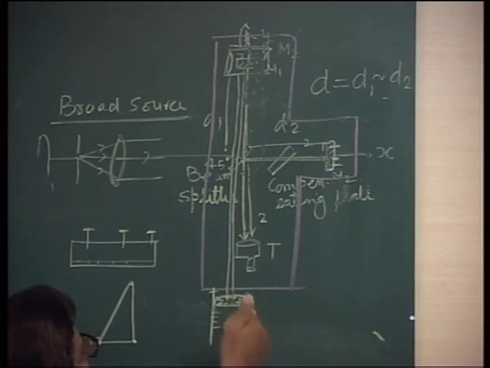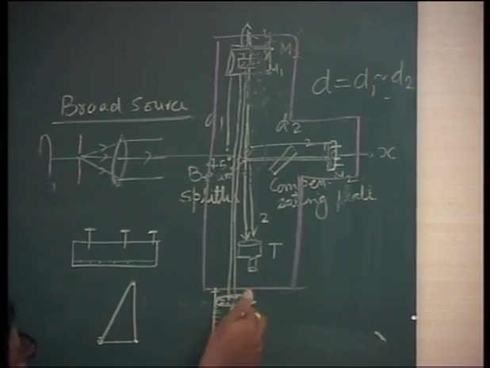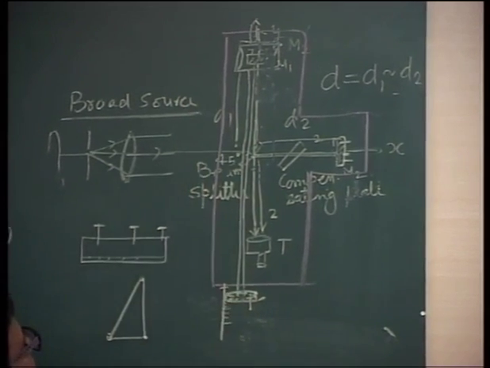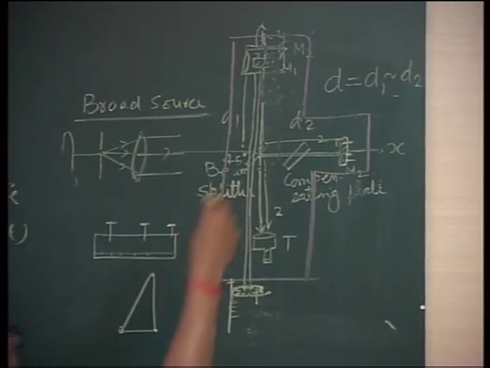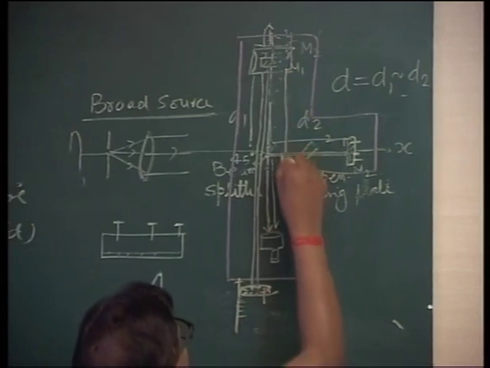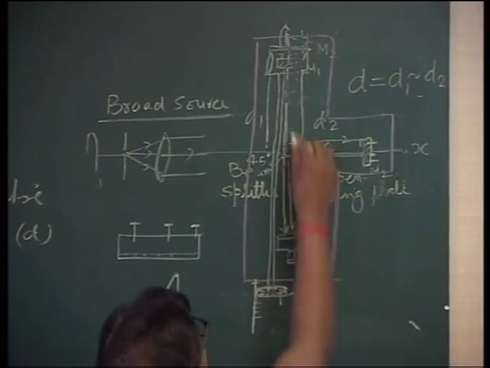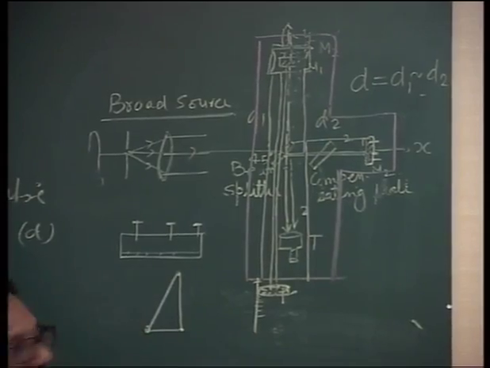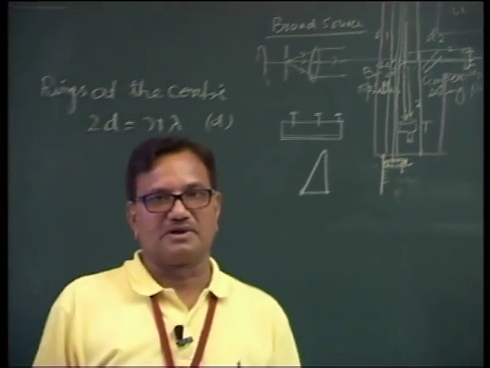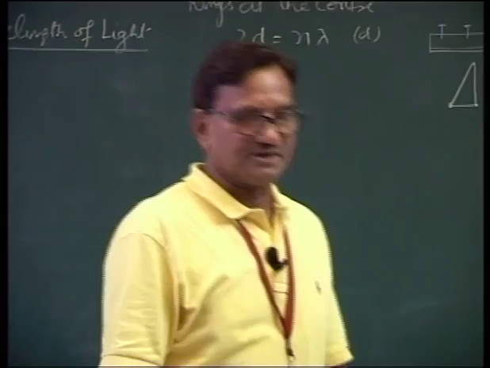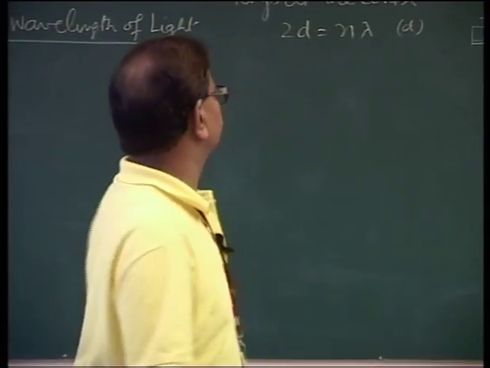There are gradations on the circular scale also. So as we move this screw, the mirror moves back and forward. This entire system is rigidly fixed. So the mirror is made movable. The exact diagram is shown in a slide separately.